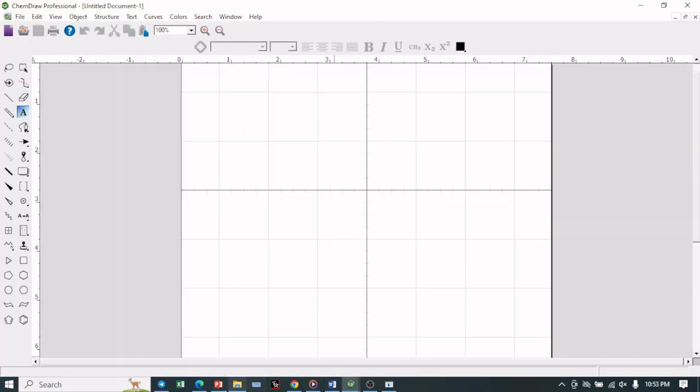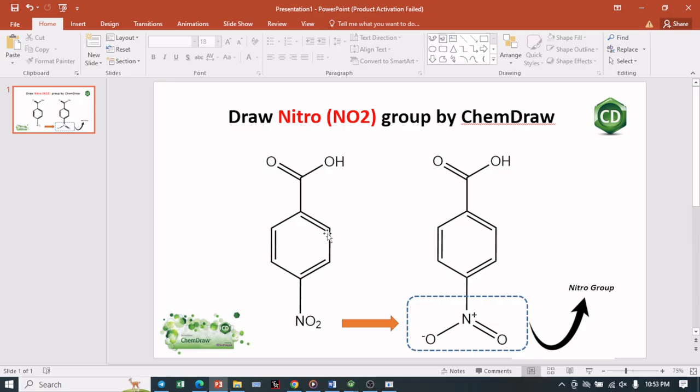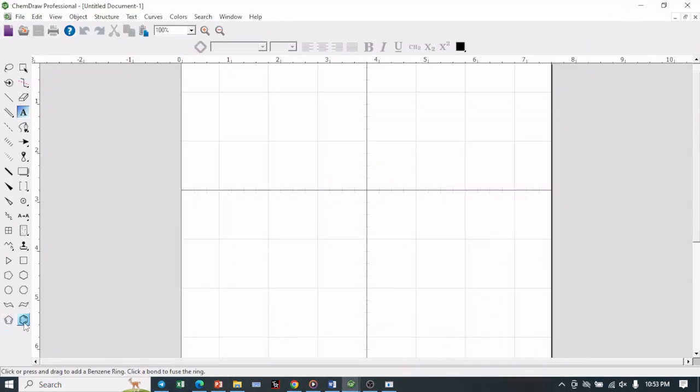As you can see, this is the structure of para-nitrobenzoic acid. I will first draw this structure. For that I require a benzene ring.